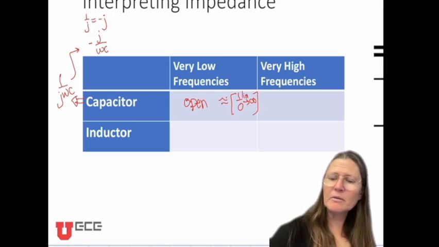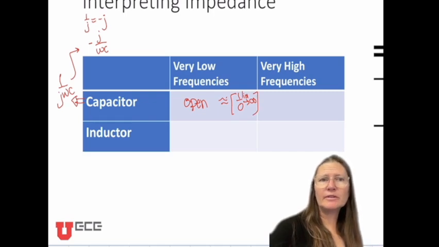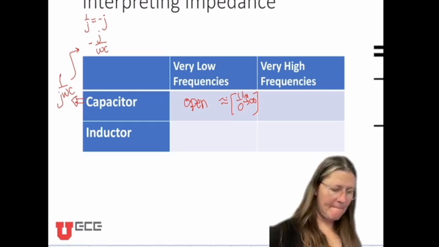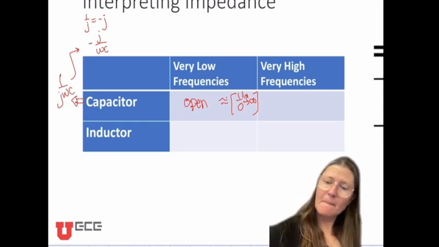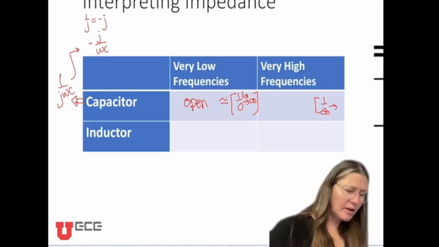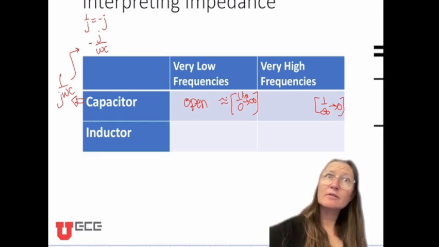If it's at high frequencies, it looks like what? I have 1 over infinity. What does that go to? That looks like 0, which is a wire. Thank you.